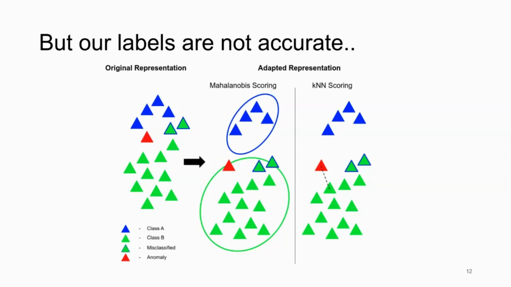Mahalanobis scoring, for example, tries to fit each semantic class with a Gaussian, but in this case, a few mislabeled samples, let's say a few airplanes that might by mistake have been given the same semantic label as a dog, can really distort our Gaussian fit. So this is also some motivation for why we use the k-nearest neighbor scoring.